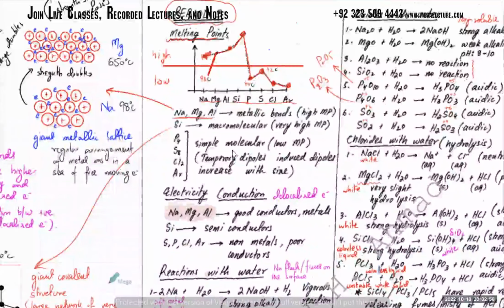So let's set this down: 2, 8, and 7. You've got 2 electrons, 8 electrons, and 7 electrons in the valence shell.